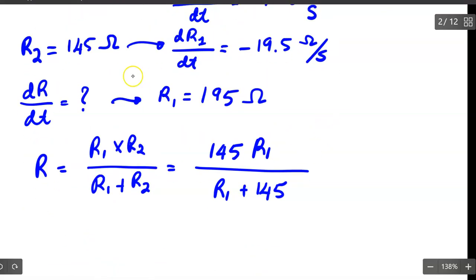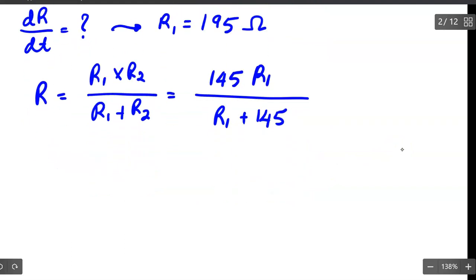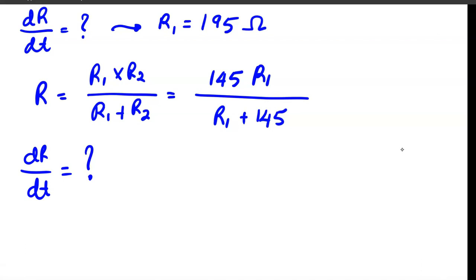Alright, okay, so now we are going to differentiate. That means I'm going to find dR over dt equal to what? Alright, so this poses a little bit of a challenge because I am going to ask everyone to use the quotient rule. Okay, so how do we work with the quotient rule?